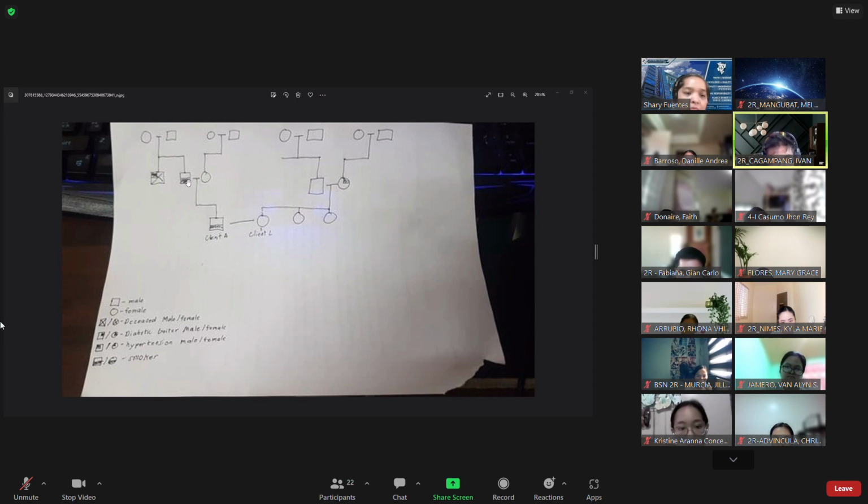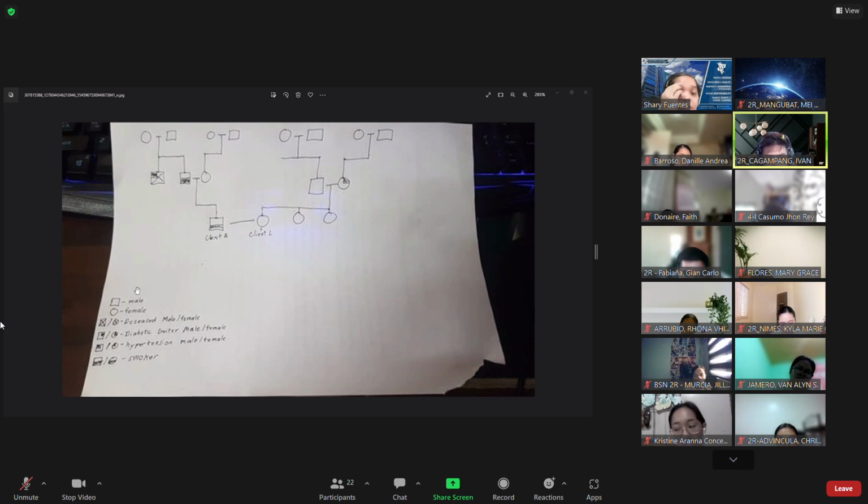And then yung father kay smoker din. Wala mi kabalo pila igsoon siyang father sa mother side niya, pero kabalo na isa siyang uncle na namatay tungod sa hypertension daw. So, gibutangan ako na namatay na hypertensive.